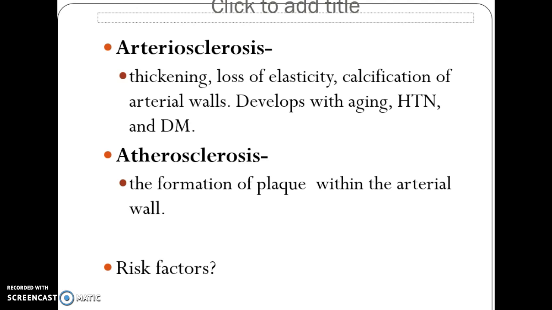So to remember the difference between the words arteriosclerosis versus atherosclerosis: arteriosclerosis has to do with the biology of the artery itself. Okay, so that's kind of how we remember it. And atherosclerosis has to do with plaque that grows inside of the artery.